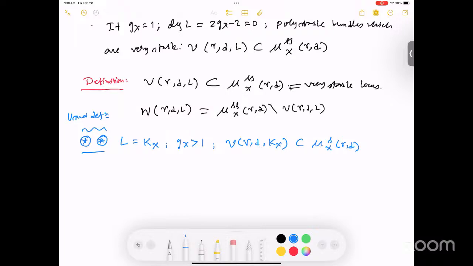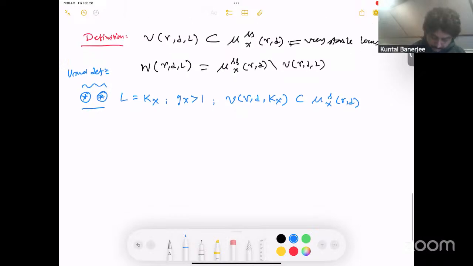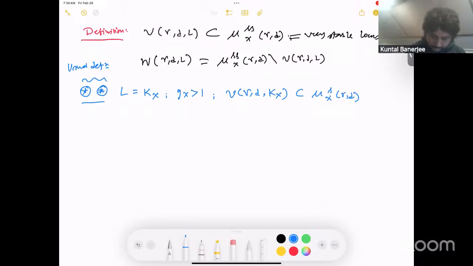Thanks for the comment. So this is the usual definition, and wobbly is its complement.